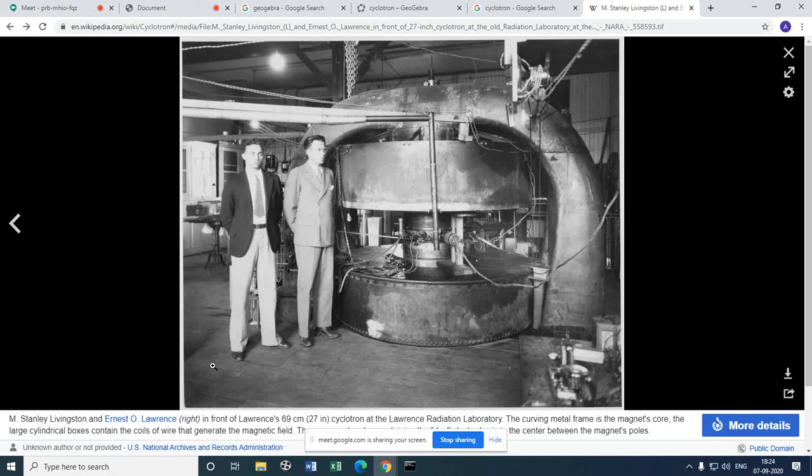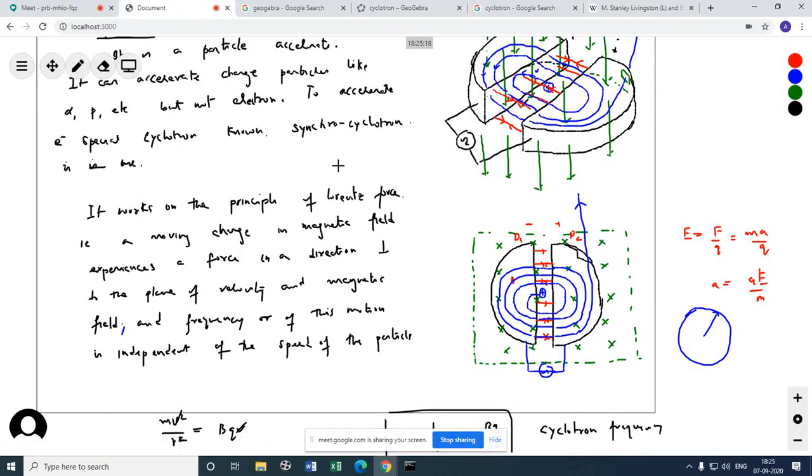The large cylindrical boxes contain coils of wire that generate the magnetic field. I told you that these are the two main sources of the magnetic field. Understand what a cyclotron is? So make up the notes on the cyclotron. I think this is enough for you.